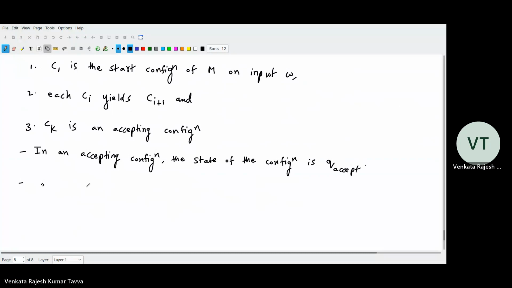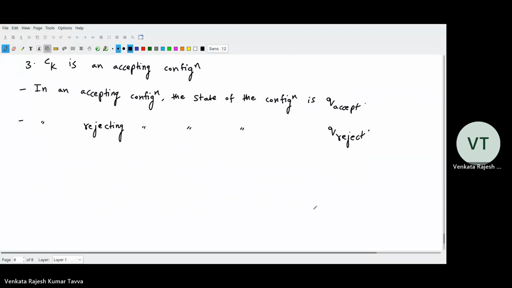In a rejecting configuration, the state of the configuration is Q reject. Okay. Now let's look at the language recognized by a Turing machine.